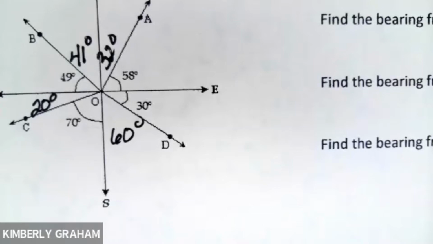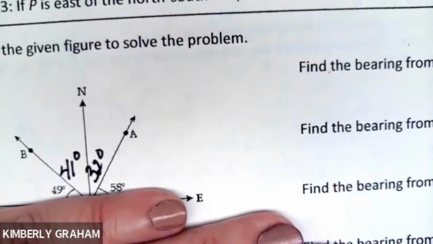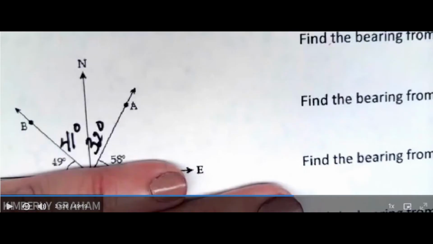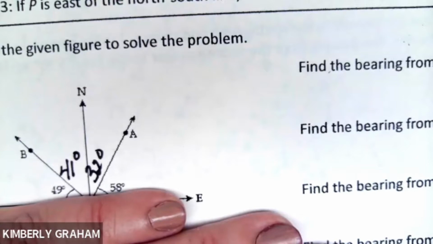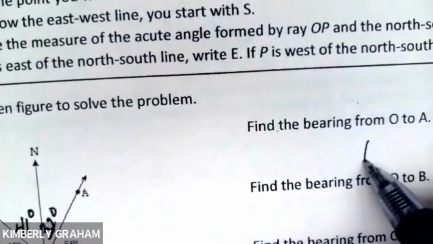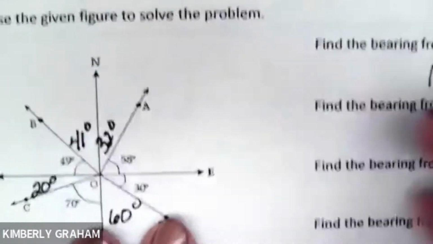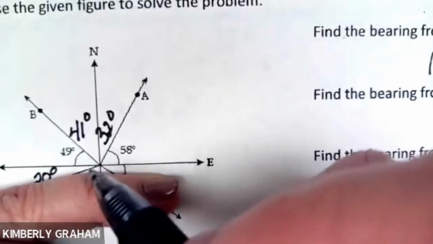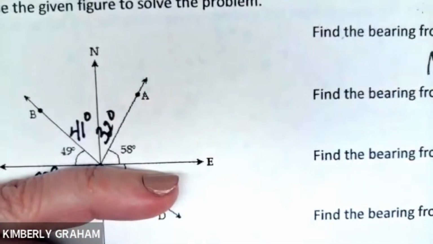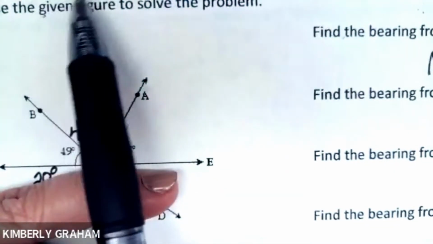Okay, find the bearing from O to A. Okay. So we are above the east-west line. So we're going to write in N. Now you're going to think of yourself as standing at this point and facing north. Right? Think of yourself as standing here and facing north.